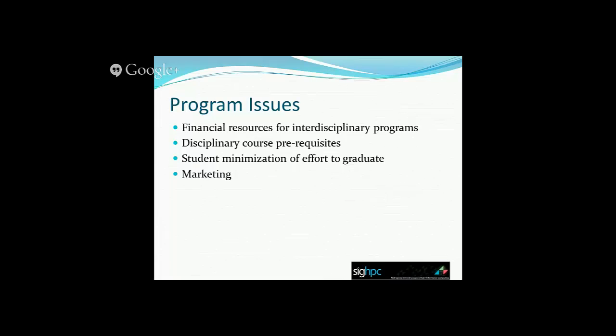So that often can become a difficult thing to negotiate with the relevant departments so that people can take these elective courses without so many prerequisites that it makes it difficult for a student to get through them.